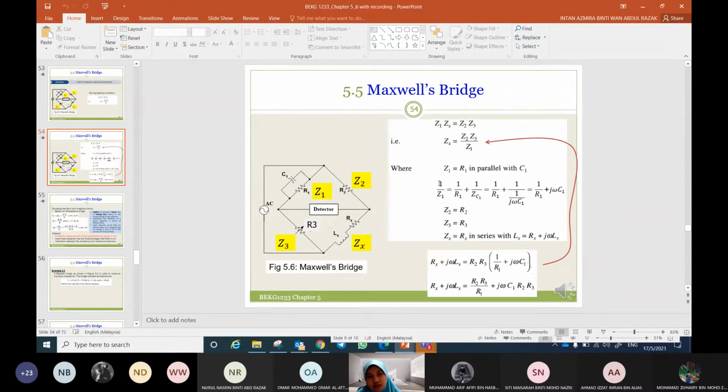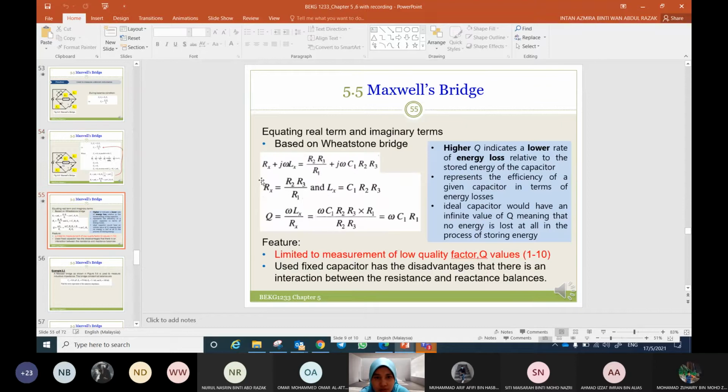We derive for Rx. For Maxwell bridge, we derive for Rx and Lx, Rs and Ls. Finally we get this formula: Rx is equal to R2 R3 over R1 and Lx is equal to C1 R2 R3.